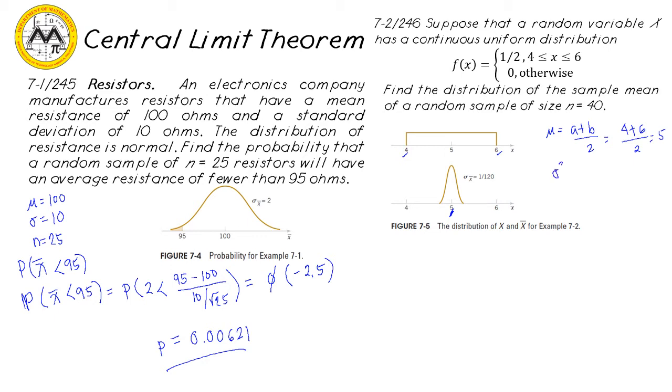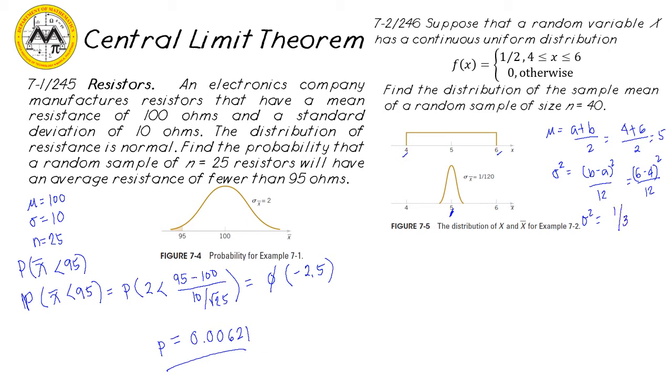While the variance would be b minus a squared over 12. So that would be 6 minus 4 squared over 12. So 6 minus 4 is 2, squared is 4. So that is 4 over 12, which is 1/3.